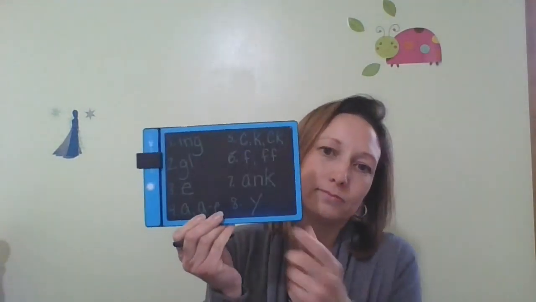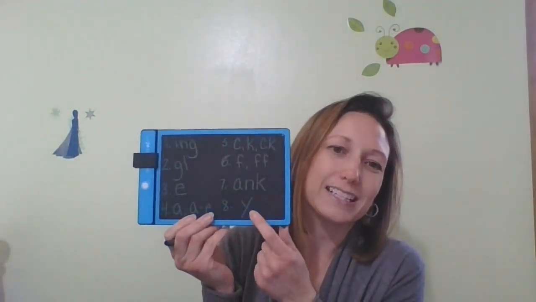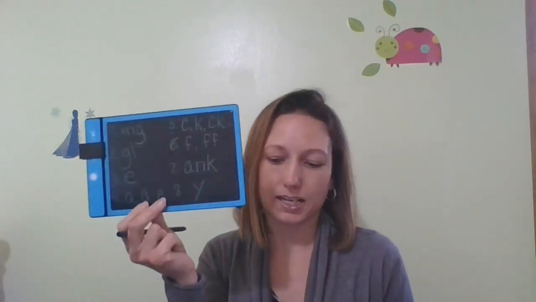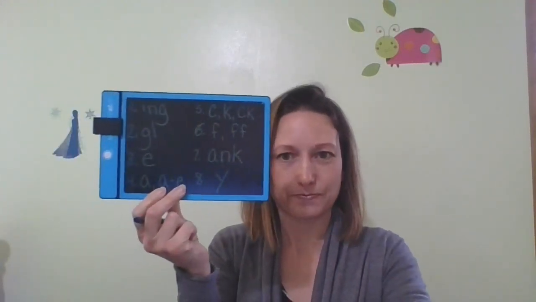And number 8, 1 way to write y. Y. The what letter? Y says y at the beginning of a word. Good job. Let's move on to reviewing some of our words using these patterns and chunks that we've learned.